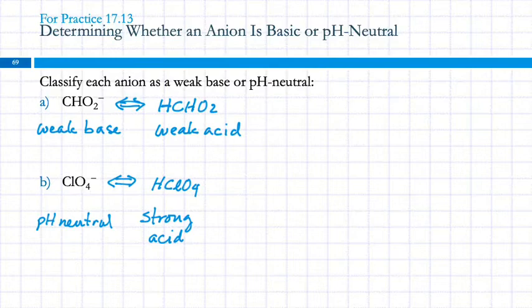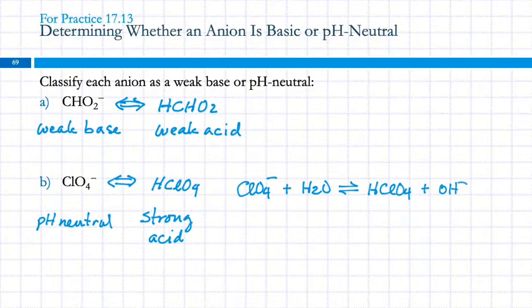Because in order for this to act as a base, we have to have this happen where that perchlorate ion reacts with water and forms HClO4 plus hydroxide ion. But is this equilibrium going to exist?